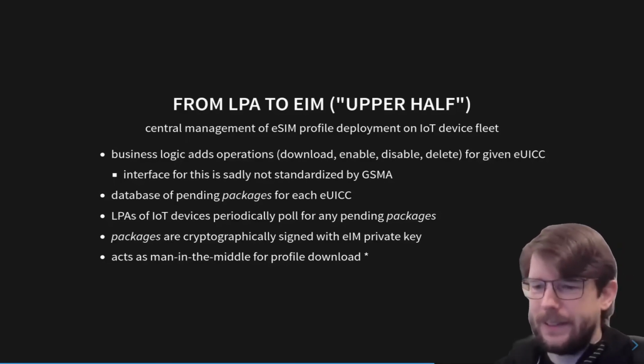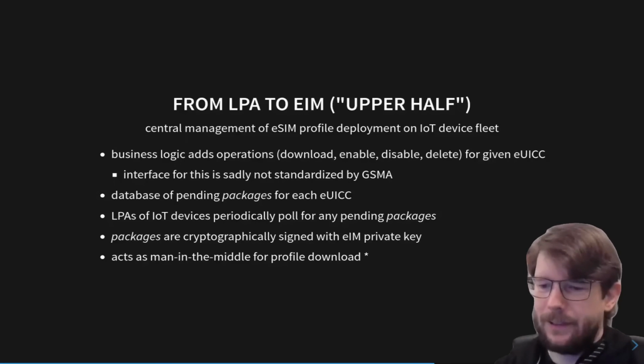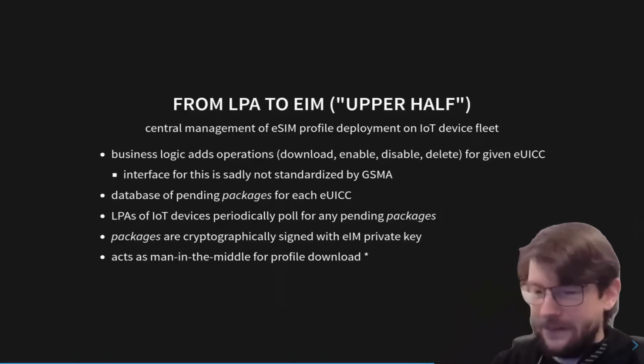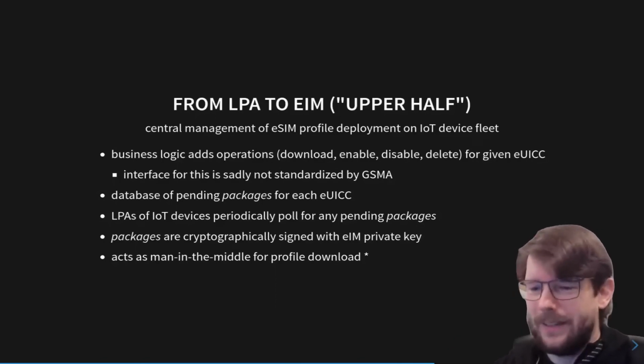So you basically tell the EIM, well, I want to enable this or that profile on this or that device. And the EIM then creates a package for this operation, signs that package, puts it in a database. And then when the IPA of that IoT device polls next time for packages, that package will be transferred to the IoT device. The signature will be verified, it will be executed, and the signed response will be communicated back to the EIM, which can then again notify the external business logic that this profile enable has proceeded.